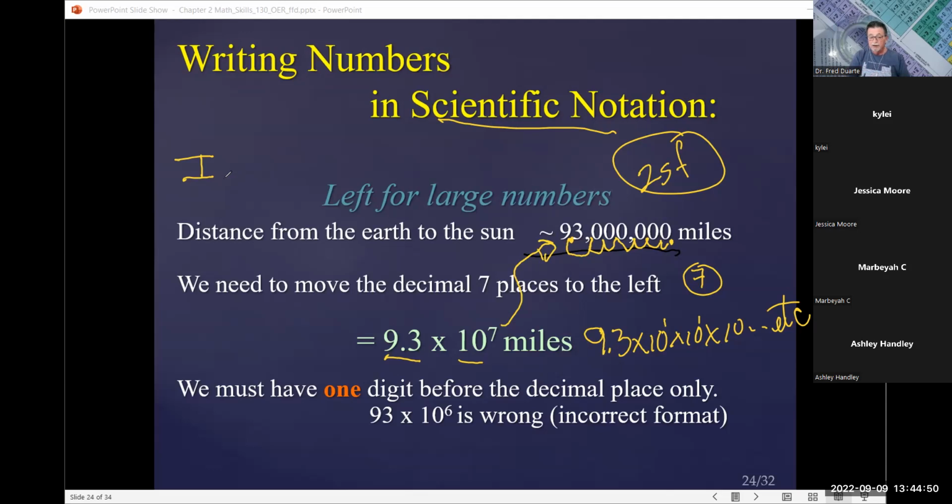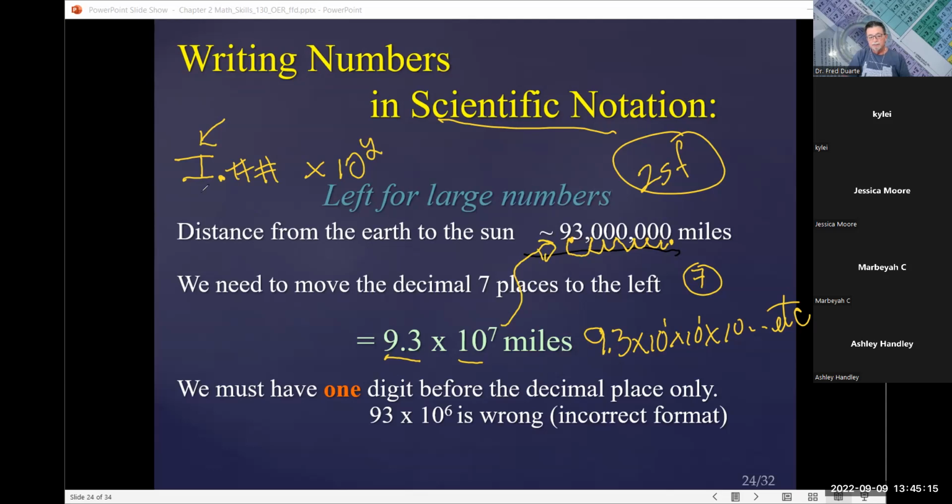Then it's followed by a decimal point, and then followed by the other numbers, whatever you need. That's the format. Then finally times 10 to the exponent. I'm going to call that y, to the y power, and y represents how many decimal places you carry.